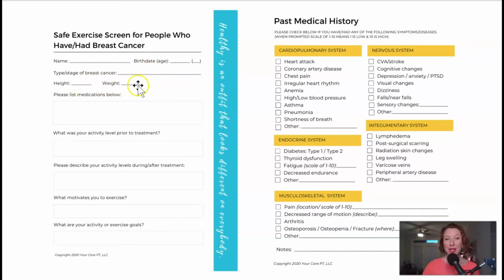We're going to talk about BMI in a moment and why that's important to calculate. It asks about their medications, and it also asks about their activity level prior to treatment, during and after treatment, what motivates them to exercise, and what their activity or exercise goals are. Then on the right side, you can see here it goes over their past medical history.